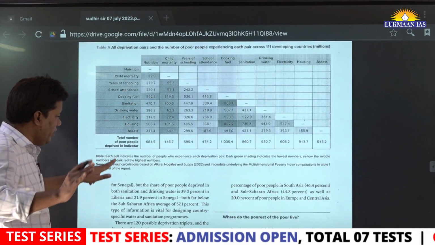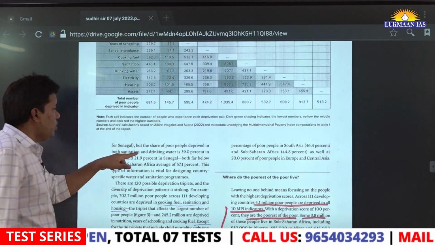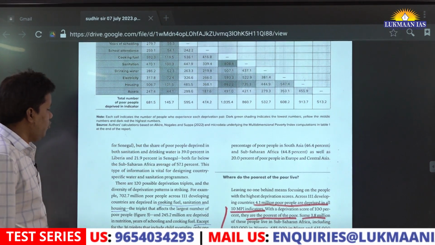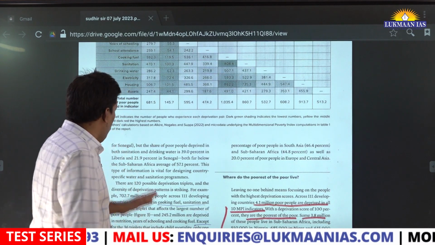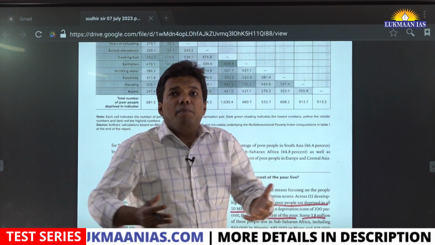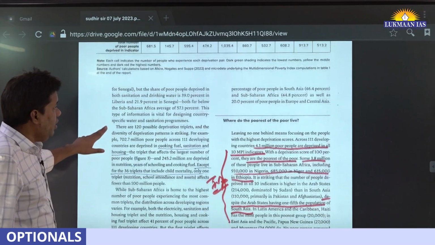But anyway, the important point is here. The share of people deprived in both sanitation and drinking water is 39% in Liberia and 21.9% in Senegal. Can you see? You read the same MPI score, but the deprivation is different. So that is what is required.